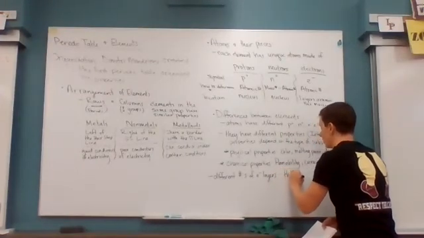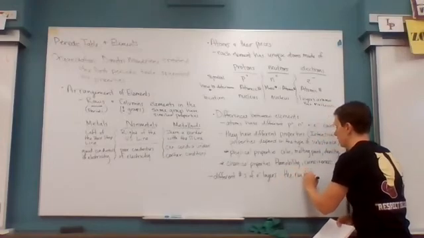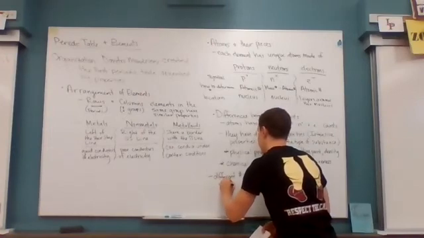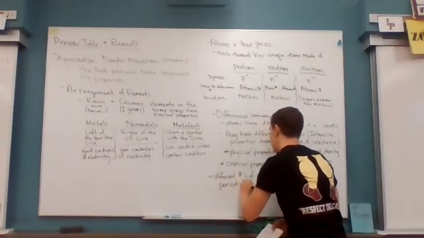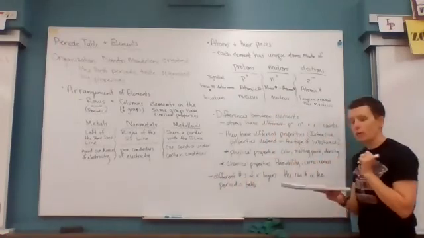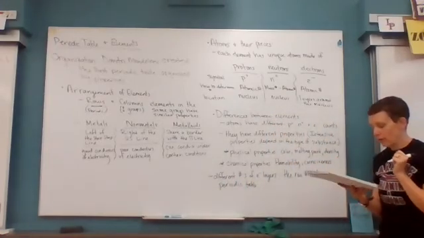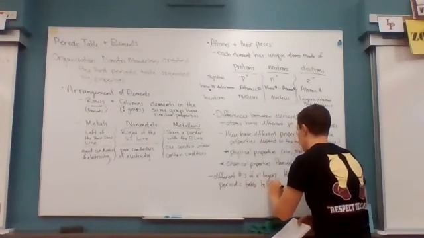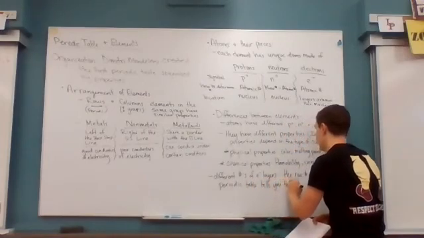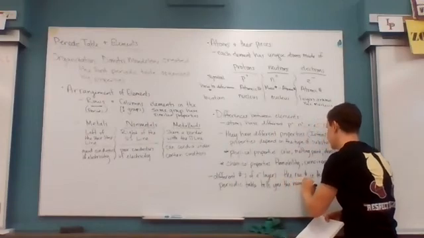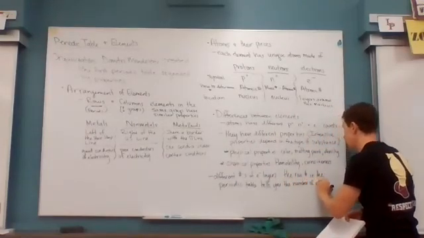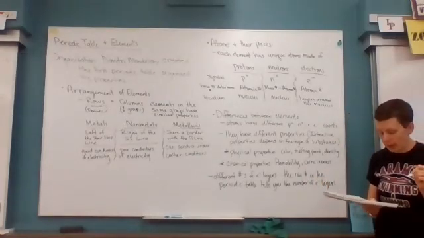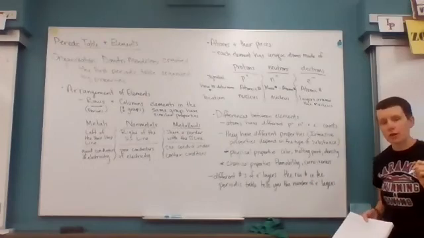The row number in the periodic table tells you the number of electron layers.